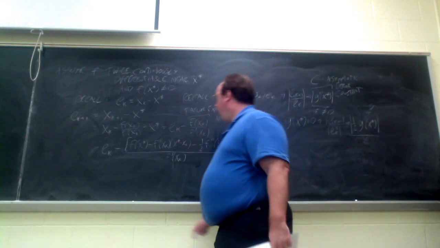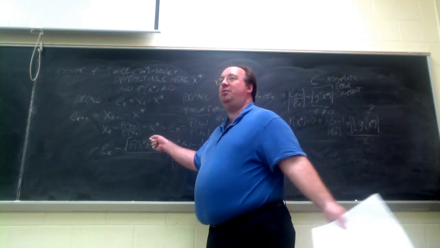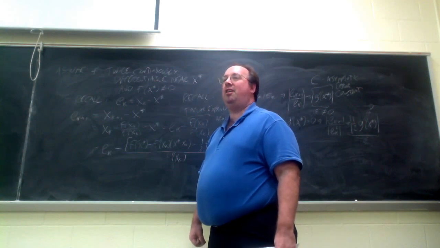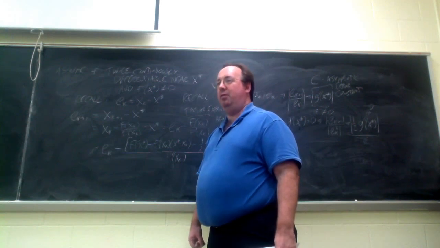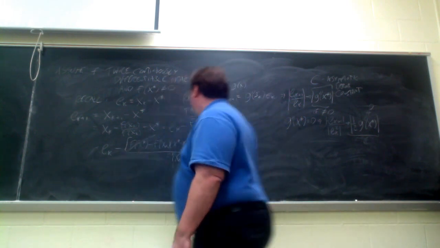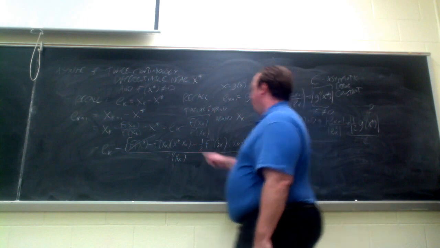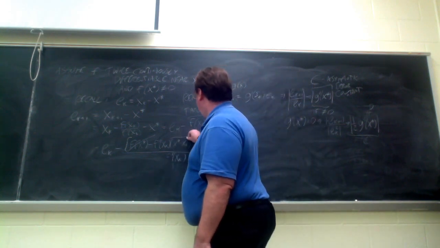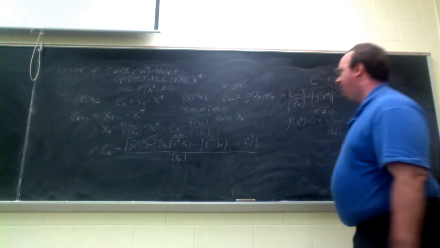Now, first of all, f of x star is equal to what? What is x star? Therefore, f of x star is 0. So that's gone. x star minus x_k is equal to minus e_k, just by definition of the error.